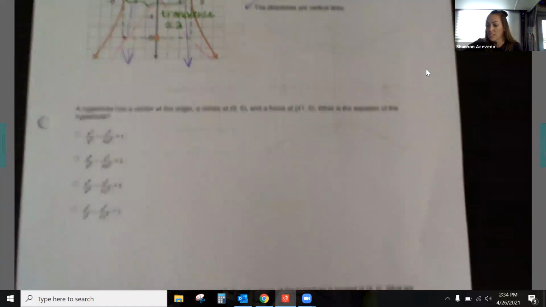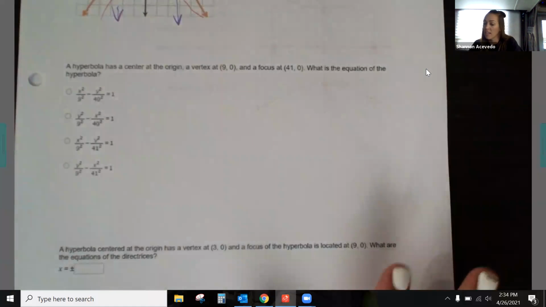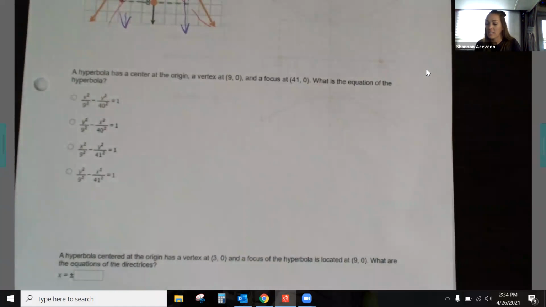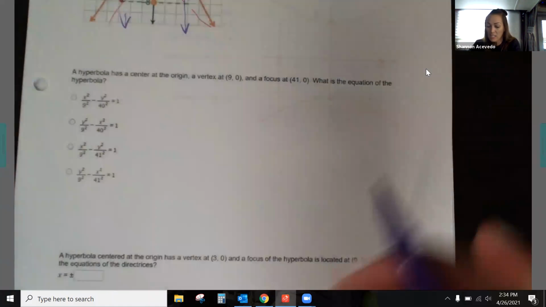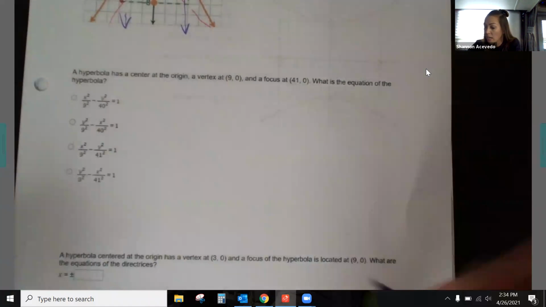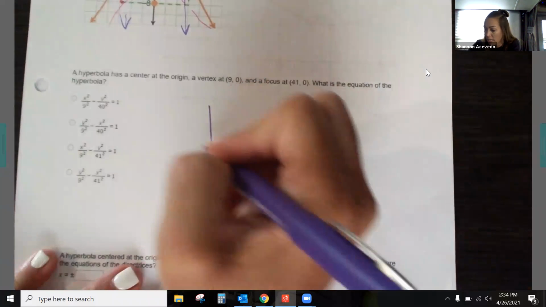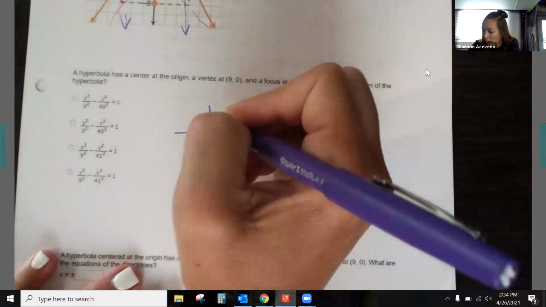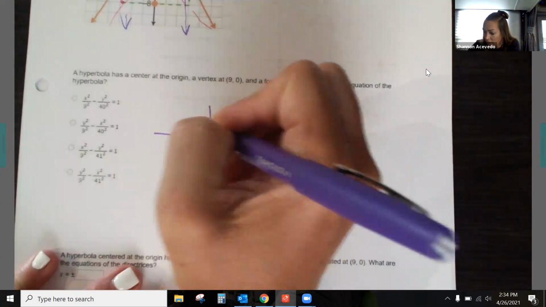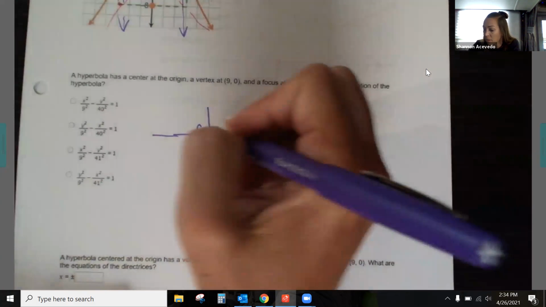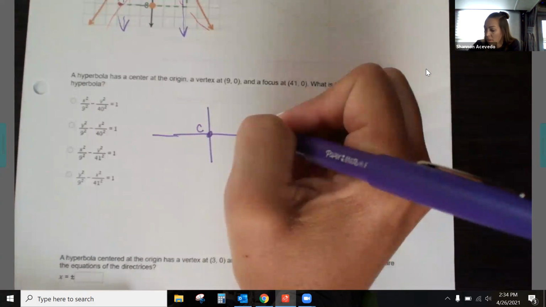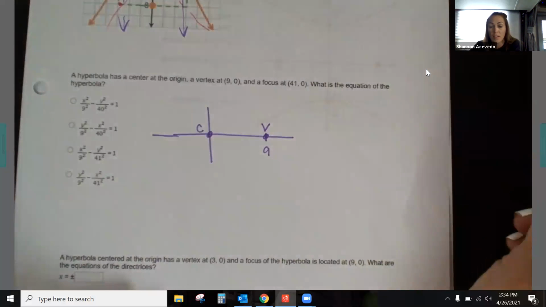The next question you're going to have is: a hyperbola has a center at the origin and a vertex at 9, 0. I like to draw graphs to give me a feel of what I'm looking at. I know I have my center here, and at 9, 0, I have a vertex.